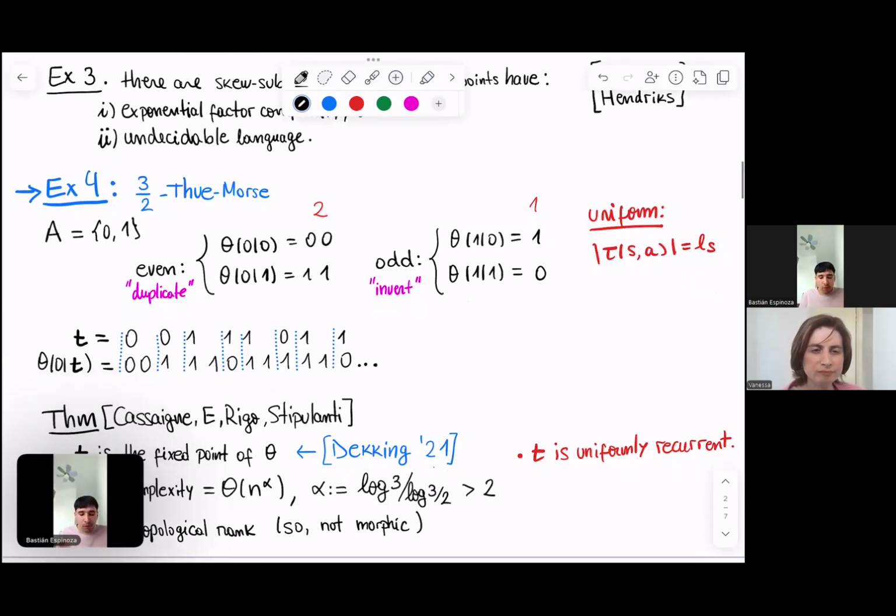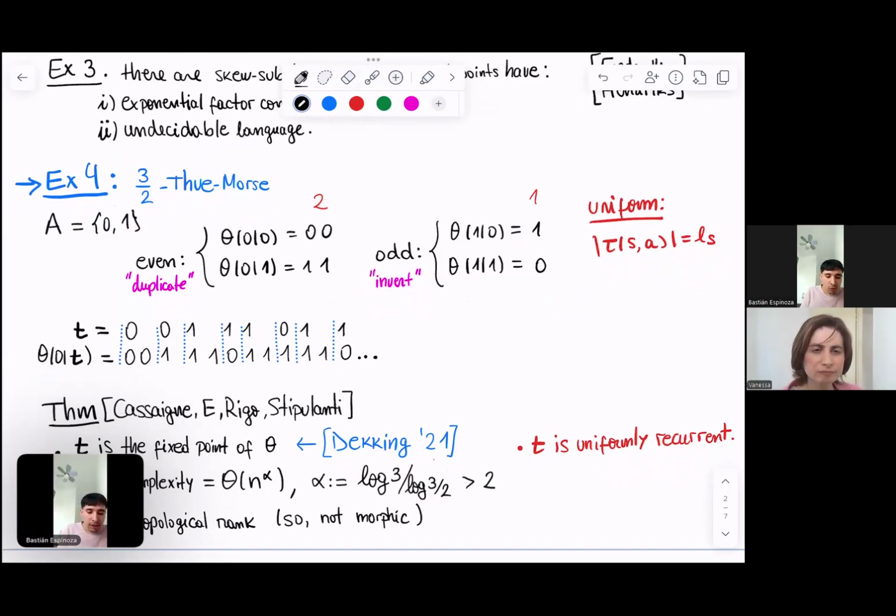So before going to further details, I just want to give a small example. Here I drew the Thue-Morse word. So it starts like this, 0, 0, 1, 1, 1, 0, 1, 1. And we can check that if we apply this substitution, we obtain the same prefix. So here the rule says that at even coordinates, at even positions, we duplicate the letter that is input.